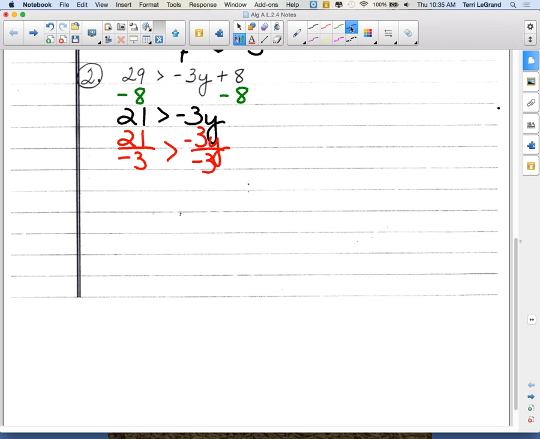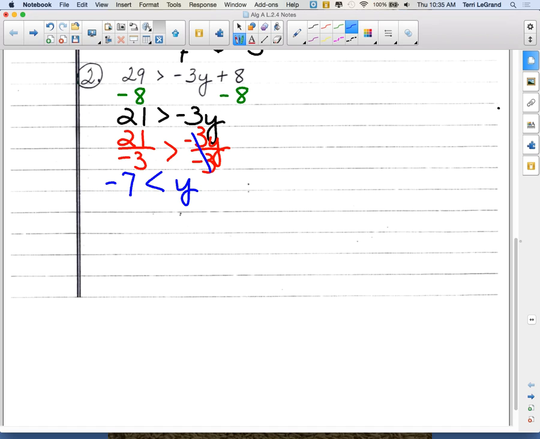What's a positive divided by a negative? A negative, and 21 divided by 3 is 7, so we end up with a negative 7. Do we need to reverse that to is less than? Yes. And this over here becomes y. So we reverse the symbol because we divide by a negative. Some of us don't like the variable on the right side because it's easier to graph when it's on the left side.